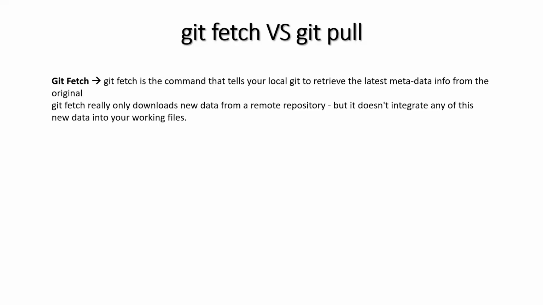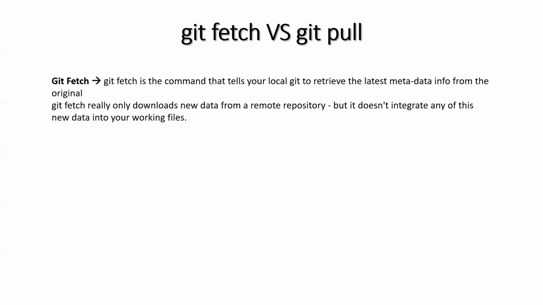Basically, when we are working in a repository, we have multiple developers and all the developers are working in their local repository, and then after work is done, they will push the code into the master repository, that is the remote repository. So now we need to make sure that those changes will also be updated in our local repository, right?